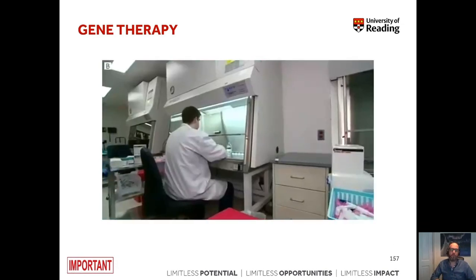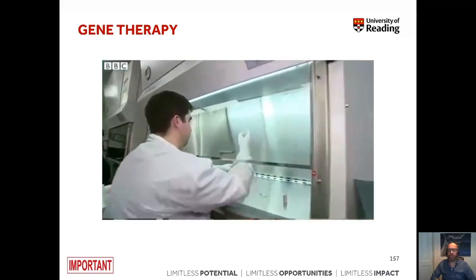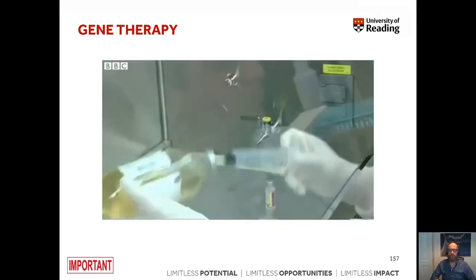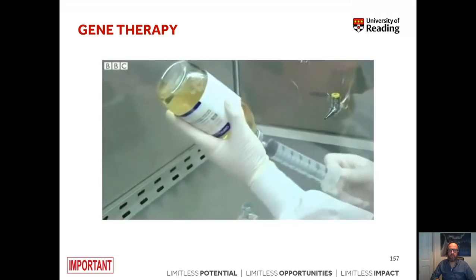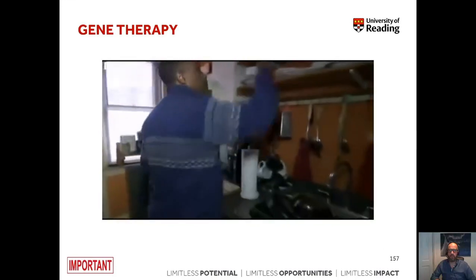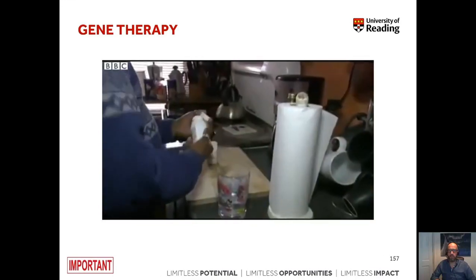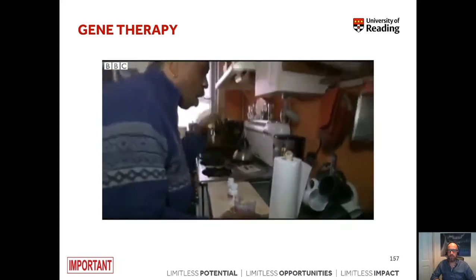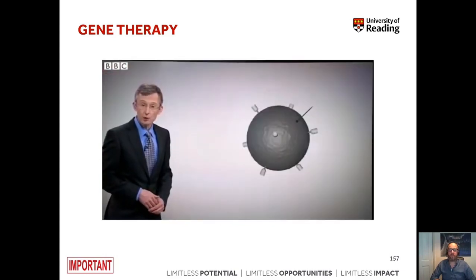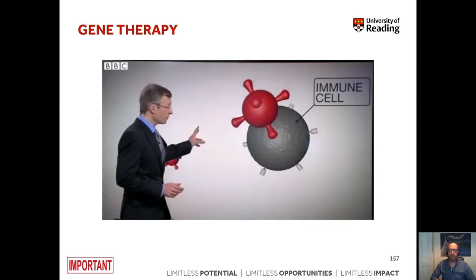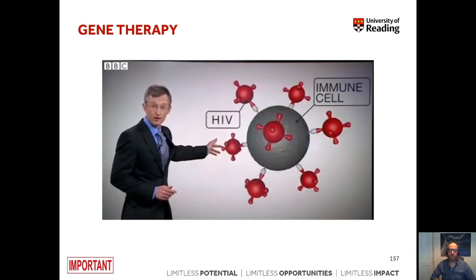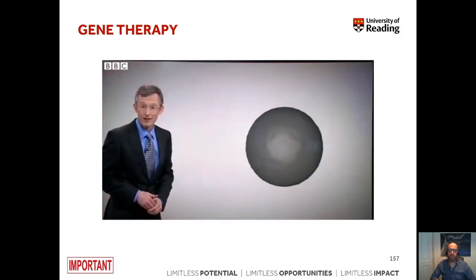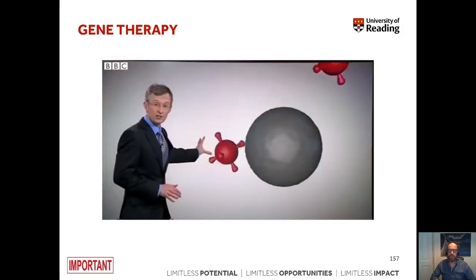A promising development in the battle against HIV. Scientists in this Philadelphia laboratory have altered the immune system of patients to make them resistant to the virus. The improvements were temporary, so Jay Johnson still needs to take daily medication to keep the virus in check, but he's delighted to have been part of the trial. It makes me want to shout out to the world that, you know, there could be an end to this. HIV attacks the immune system by locking onto proteins that poke up from the surface of white blood cells. About 1 in 100 people lack that surface protein, so they're naturally resistant to HIV.